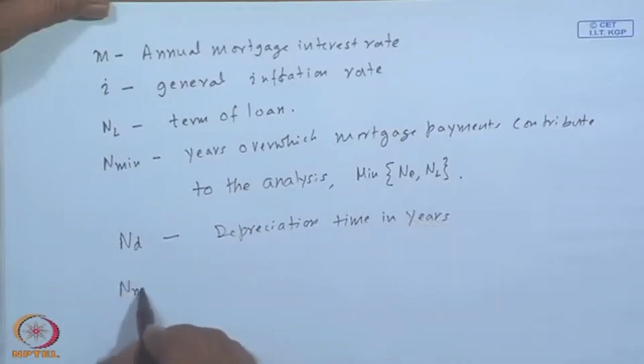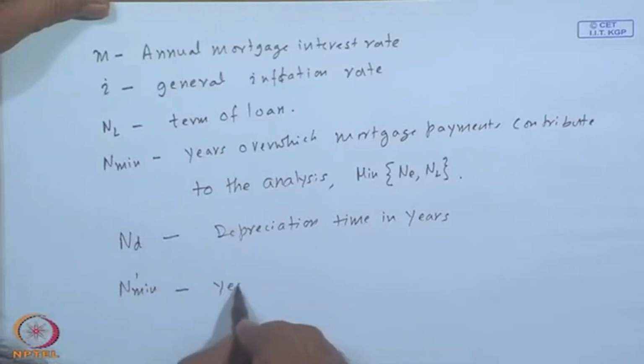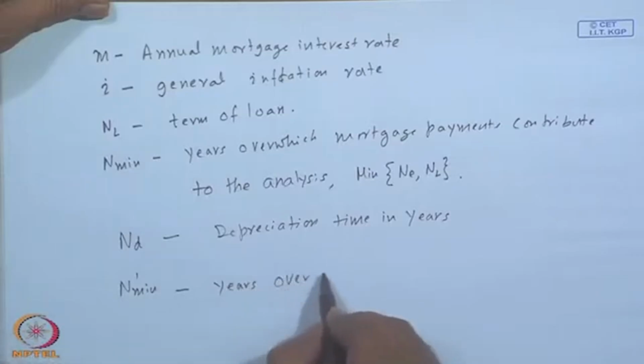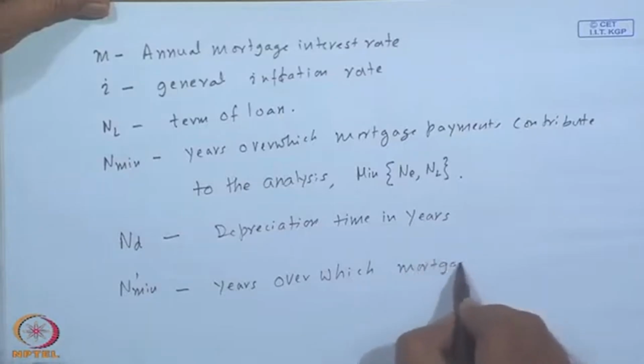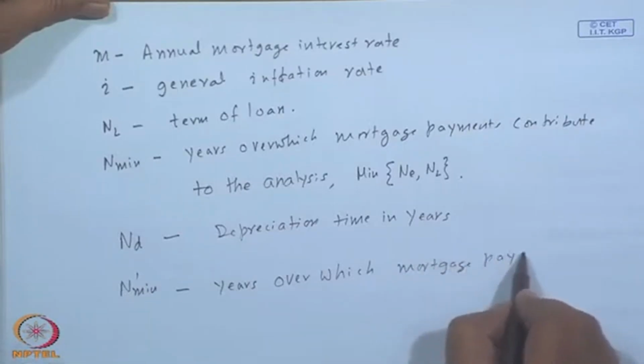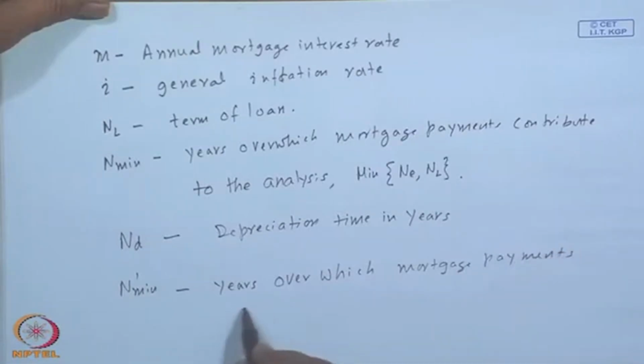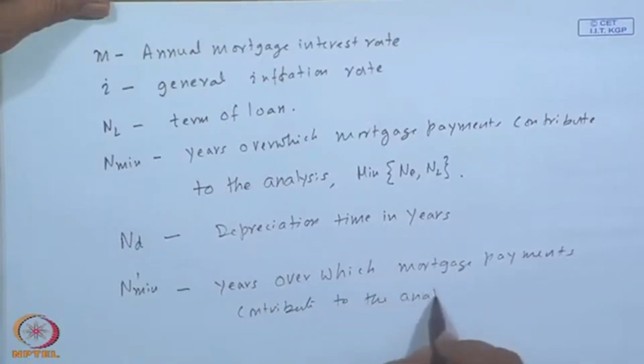Then you also have a N min dashed, right? Yes, that is the last but one term in the previous expression. Years over which mortgage payments contribute to the analysis.